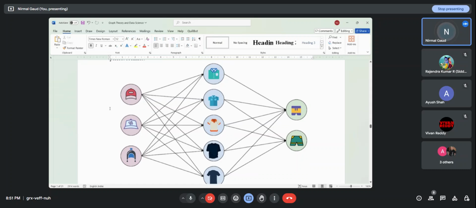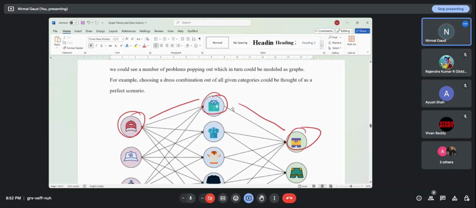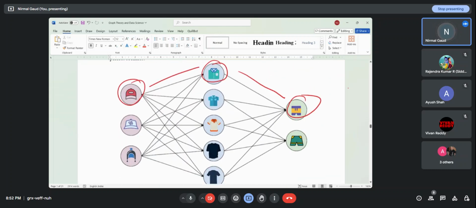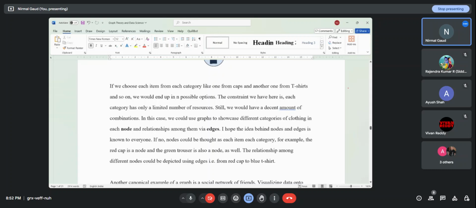That's what we use in graph theory. That means someone is selecting a cap, he is selecting a shirt also, and he is selecting trousers also, of this color. So if there is an every-to-every relationship, that means any kind of combination is possible from here. So choosing a dress combination, that's the relationship we use in graph theory.